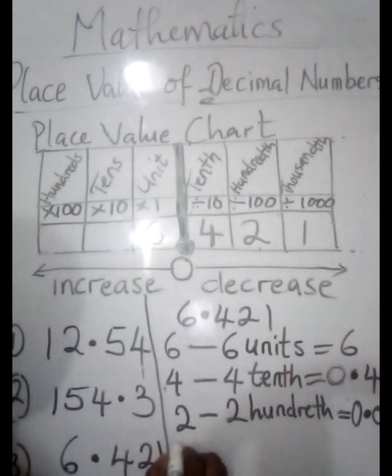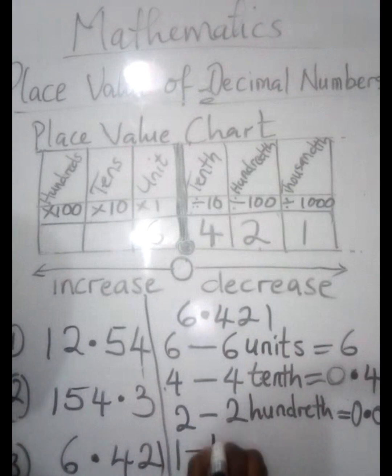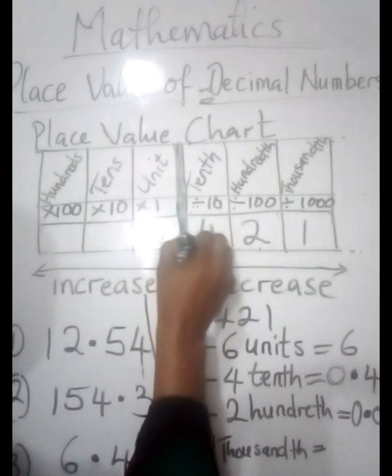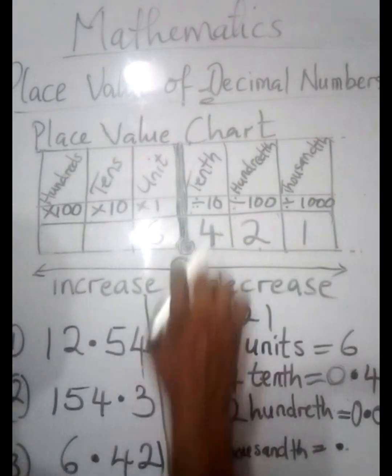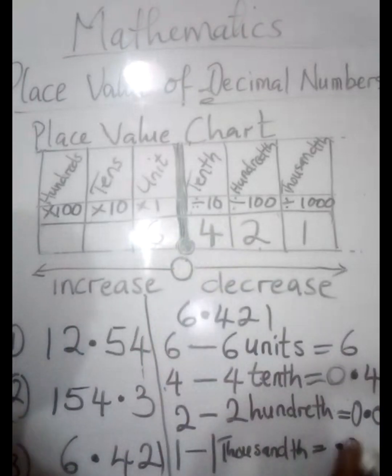And the last digit we have here is 1, and that one is 1/1,000. It's in the thousandth position with a TH. And that is, again, you have to use your point. So that point comes here. Then you have a number which is not the one we are looking at, so you write that down as 0.